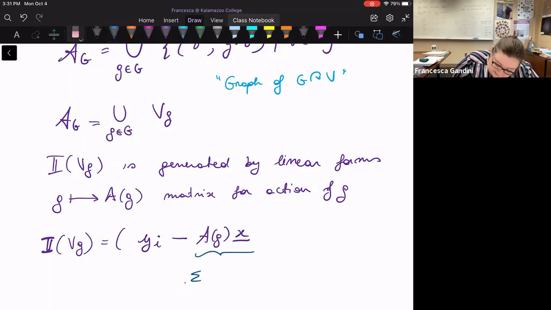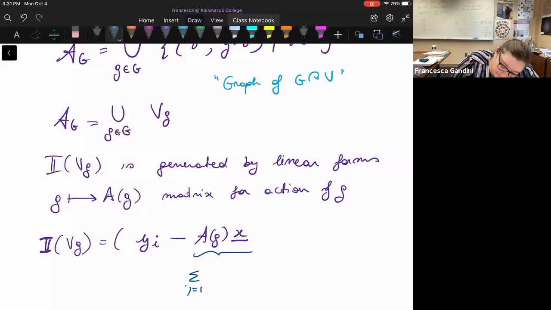I worked hard on trying to get the indices correctly here. For j equal to 1 to n, the ij entry multiplied by xj. And we do this for every i that goes from 1 to n.